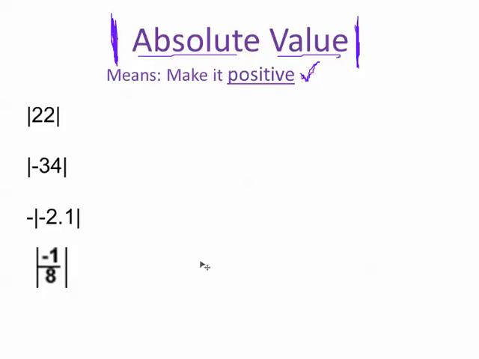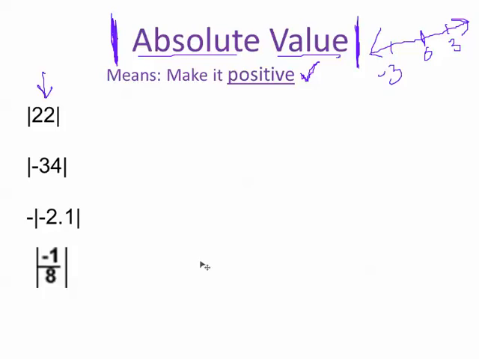You can think of it as what's inside the bars needs to come out, and when it comes out, it becomes positive. What we are doing is asking how far from zero is what's inside here.